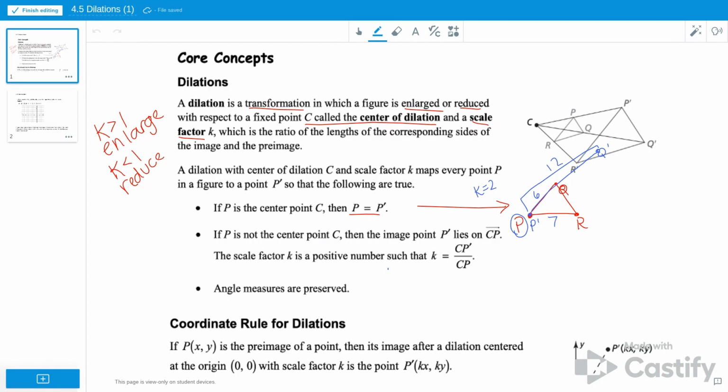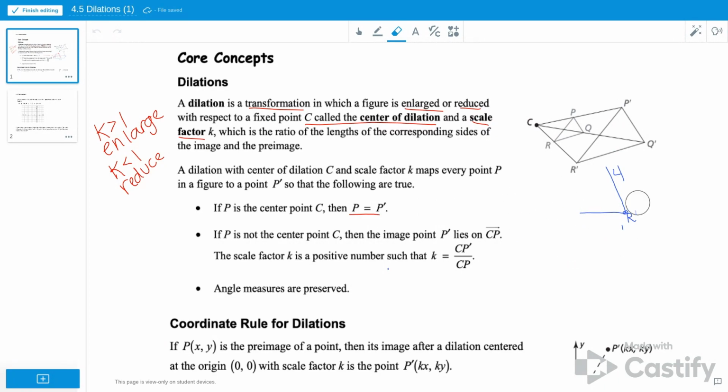Then from P to R prime would be a total of 14. And then QR, let's say that this is 2, then this is 4. I know that doesn't really look like 4. But P prime stayed in the exact same spot as P if that is our center of dilation. So that wouldn't change. Now, I'm going to erase this so that I can look at the other two.